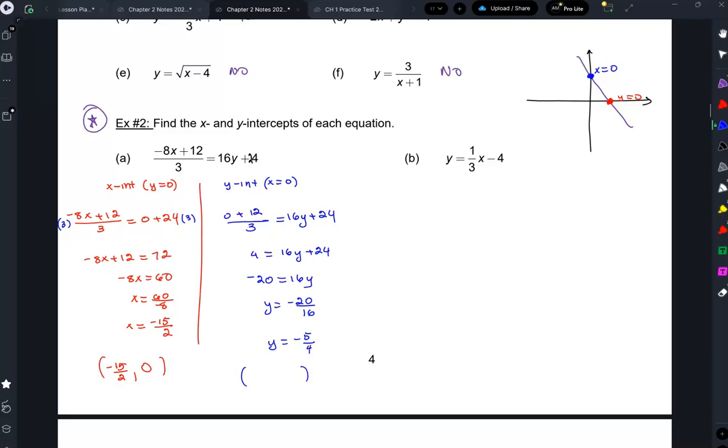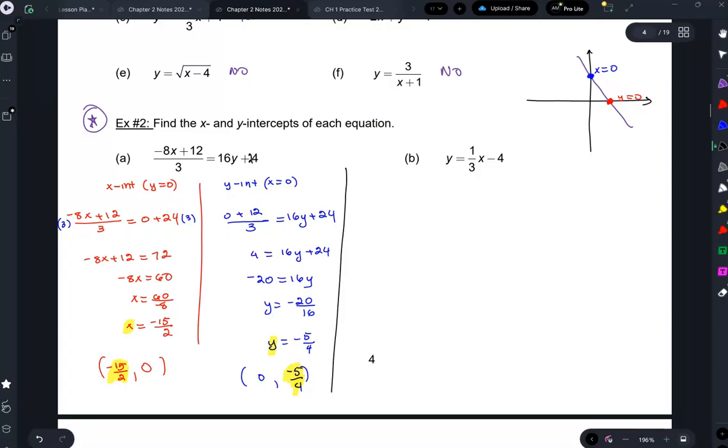Okay. How do we write this? 0, and this is y equals that, right? So it goes in the y spot. This is x equals in the x spot. Okay, so this is how we find the x and y intercept.